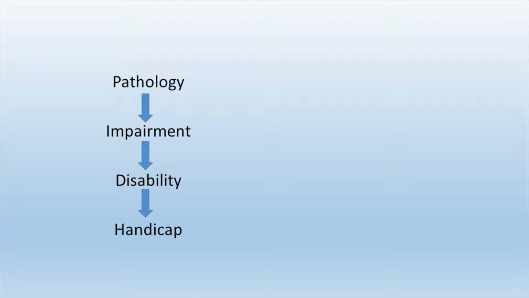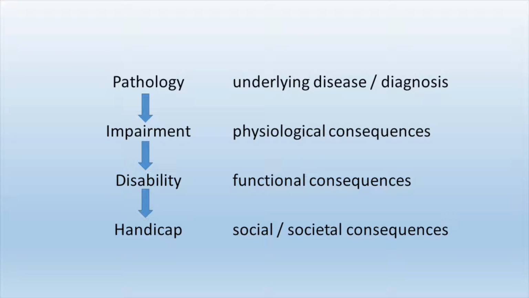So the pathway is pathology initially that leads to impairment, disability, and handicap. Pathology relates to the underlying disease or diagnosis. The impairment are the physiological consequences as a result of the pathology. The disability relates to the functional consequences, and the handicap are the social or societal consequences of the impairment.